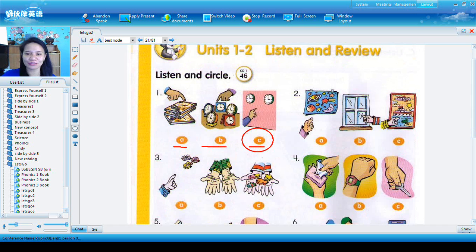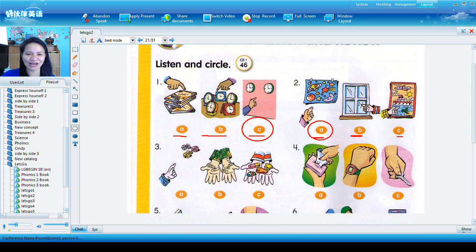Now look at picture number 2. Which picture shows that is a picture? A, B, or C? That is a picture. Yes, it's letter A. Good job.